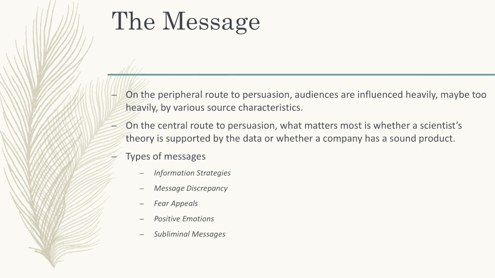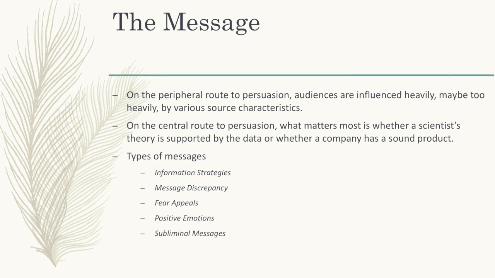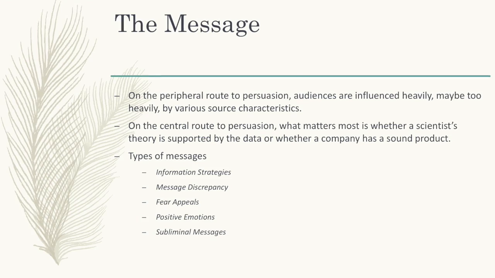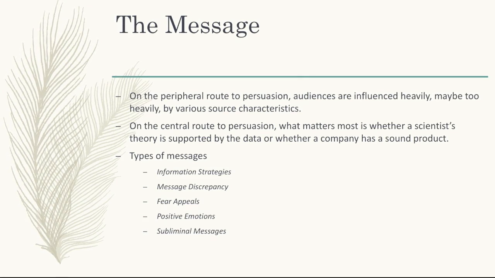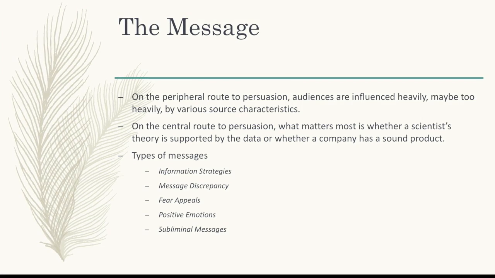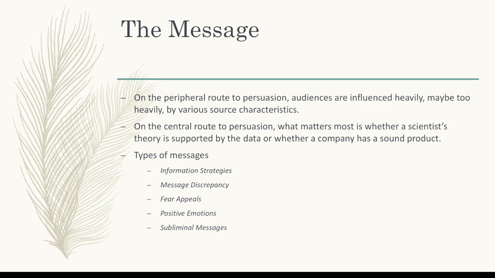Along with the source, the message, on the other hand, is a pretty important part. With the peripheral route to persuasion, audiences are influenced heavily, maybe too heavily, by various sources of characteristics.